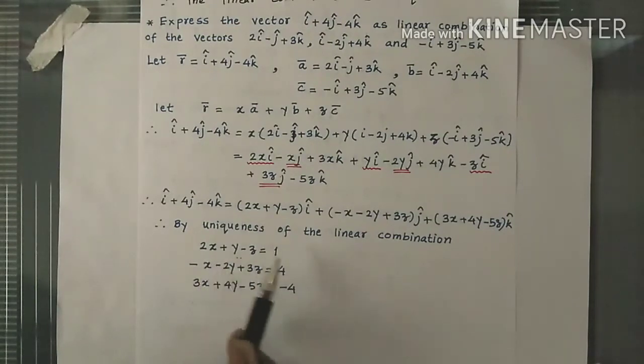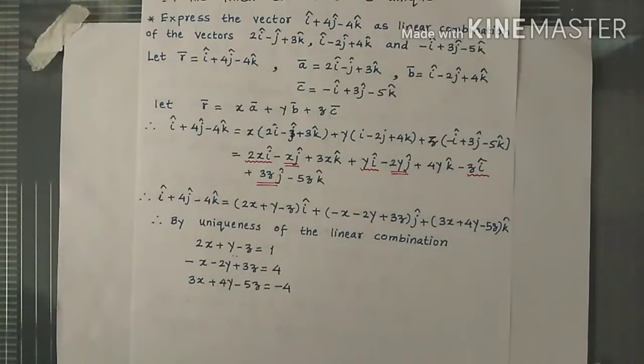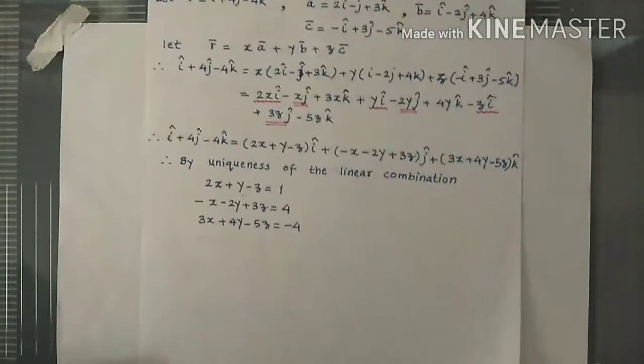If we write this x to the right and 4 to the left, then we will get x in terms of y and z. So substitute that x in the first and third equation. So the equations will be in terms of y and z only. Solve those equations simultaneously, find y and z and then find the value of x. So you can use this method, or by determinants also we can solve this.